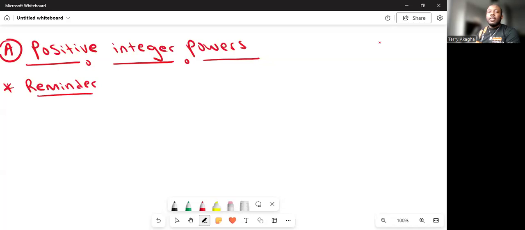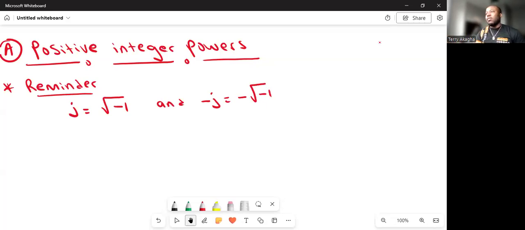What I've said is that J is equal to the square root of -1, and -J is the same thing as minus the square root of -1. I've talked about this earlier. So now this is what the powers is about.